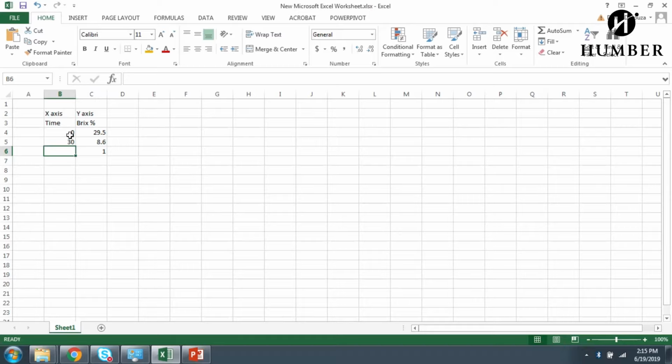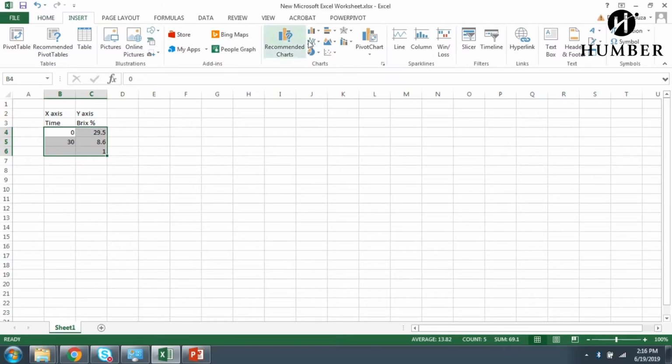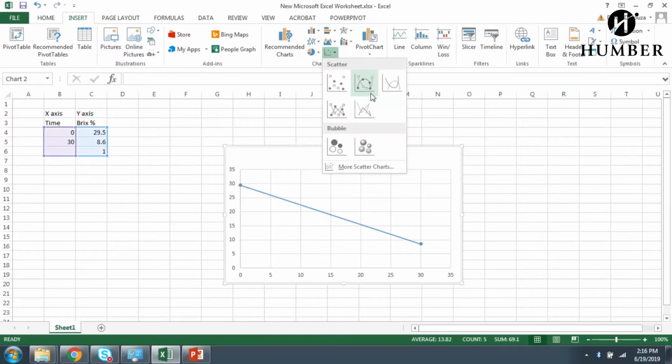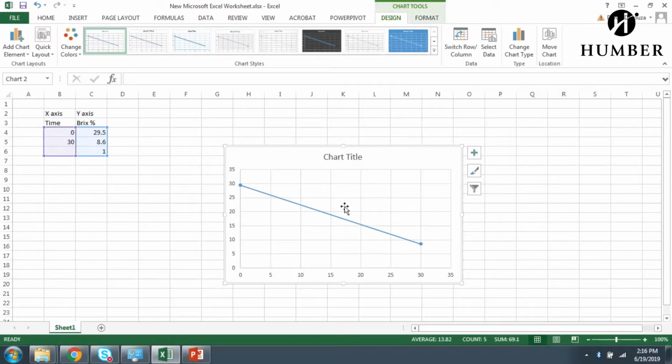So let's select these 3 values and go into insert and click on the graph, and you see this regression curve which comes down.